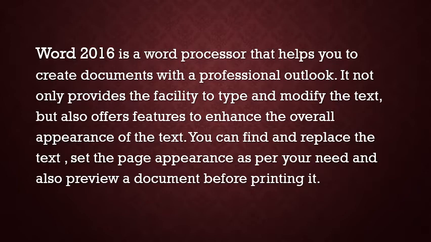It not only provides the facility to type and modify the text, but also offers features to enhance the overall appearance of the text. You can find and replace the text, set the page appearance as per your need, and also preview a document before printing it.